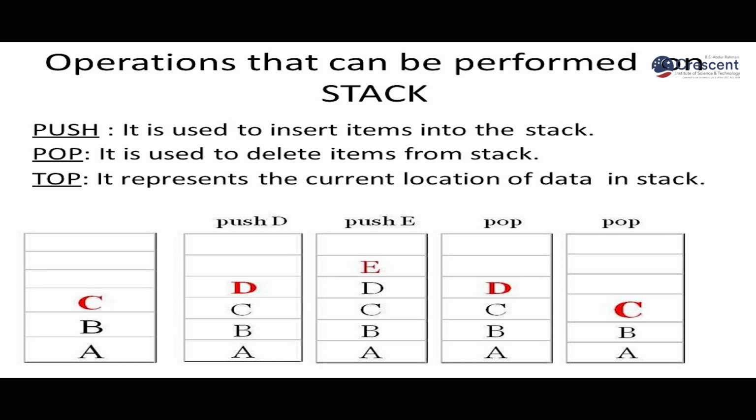Again we are pushing E, so again it will come onto the top of the stack. Again if we want to pop from the stack, it will pop whatever was recently inserted. So you have inserted E recently, so it is popped from the stack, similar to D.